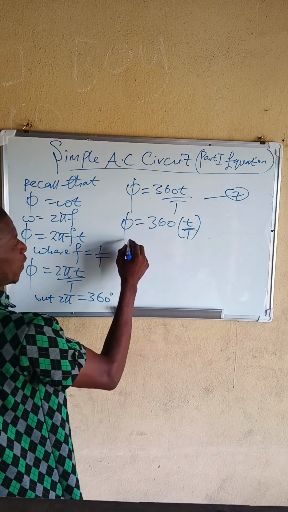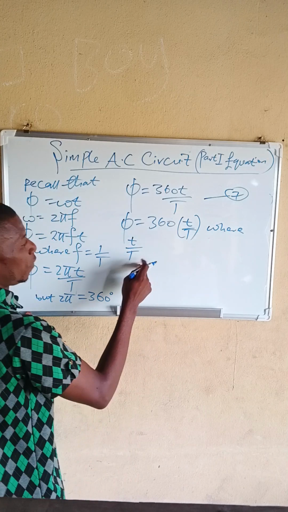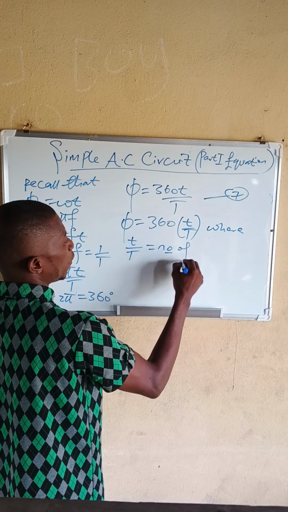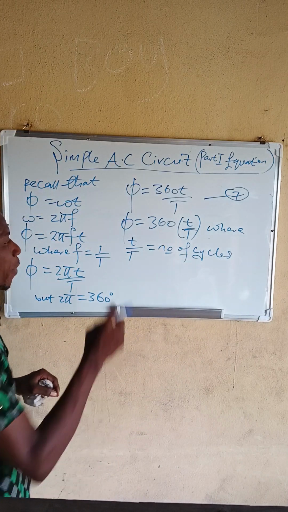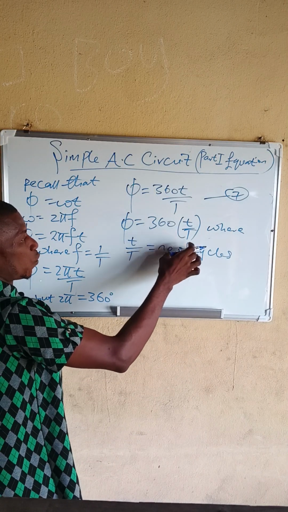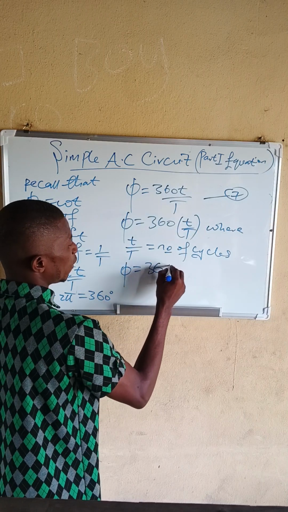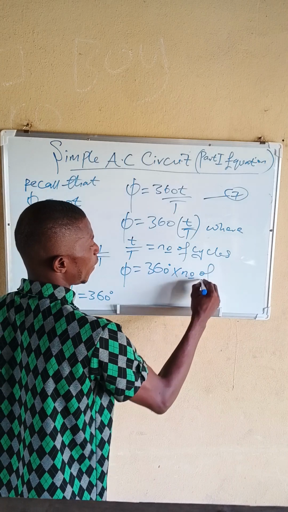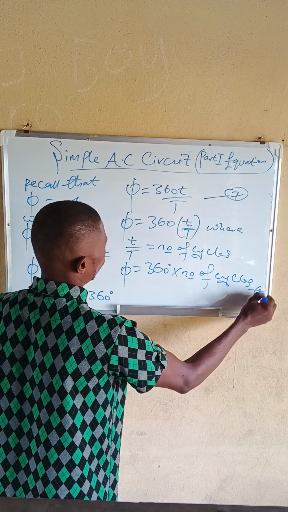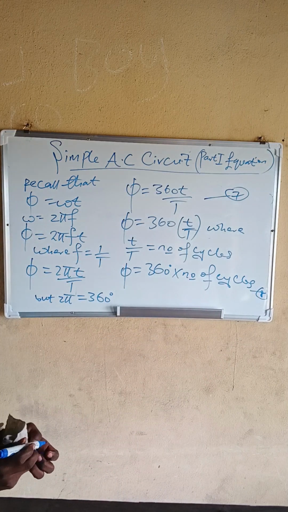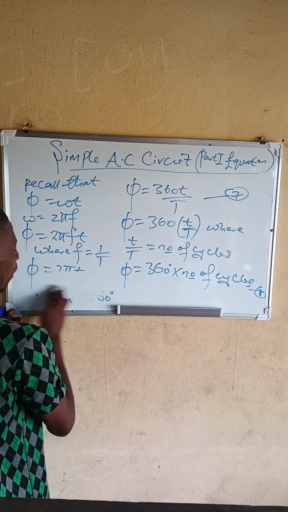But what I'll now do is that t over T is the number of cycles. It's called the number of cycles. So by the time I substitute this into this place, I'm going to have 360 degrees times number of cycles. This is equation 8. I call this equation 8 as the number of phase angle.